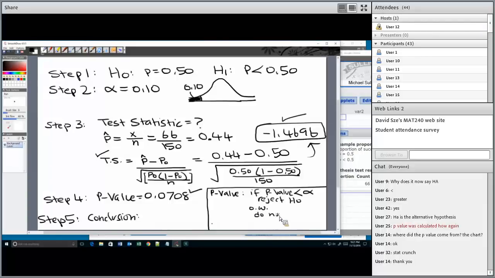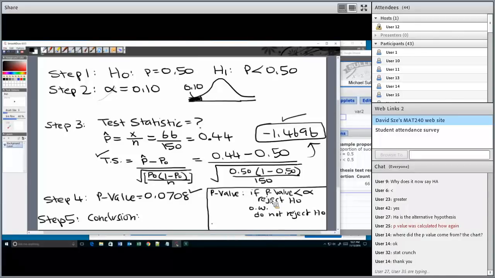Otherwise, do not reject the null hypothesis. Okay, let me repeat again. If this p-value that you found using StatCrunch is less than the alpha that is given in the problem, then you reject the null hypothesis.